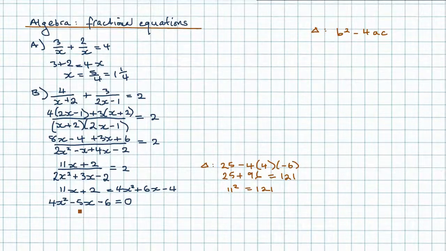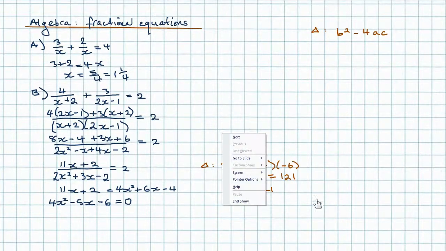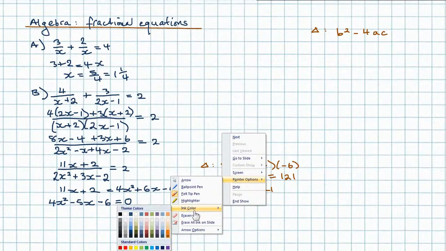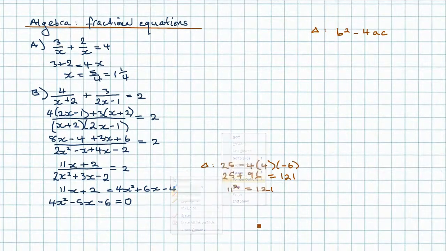So we know we can use factorizing or the quadratic formula, and I'm going to choose to factorize to get my solutions. So, in fact, why don't we use the same color for my little working out. Okay, so we've got product and sum: the product is minus 24.